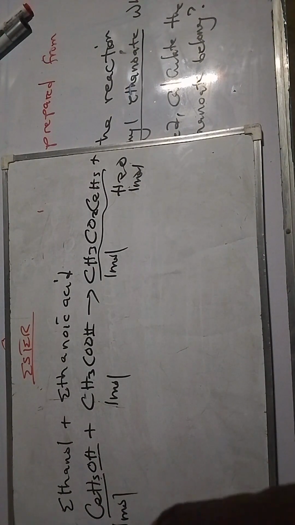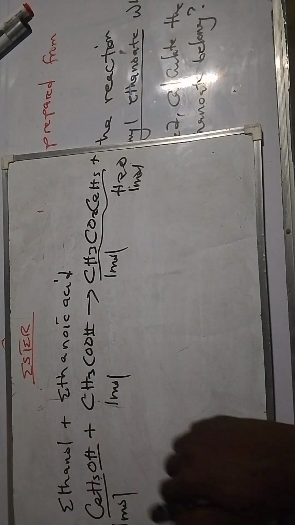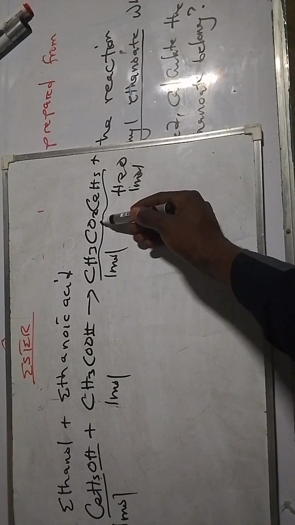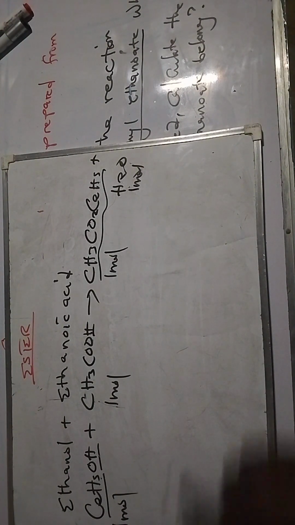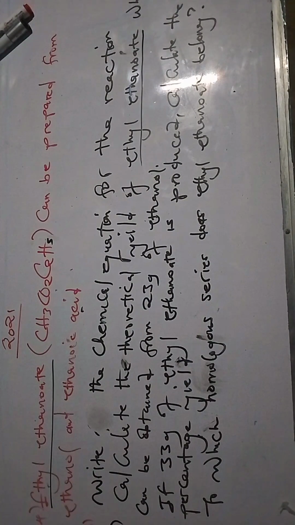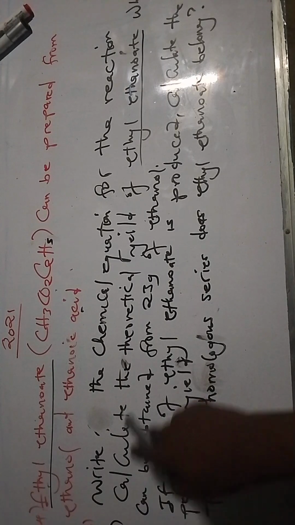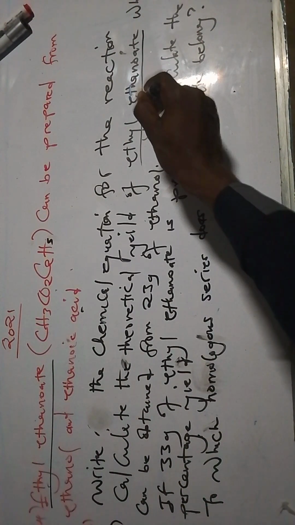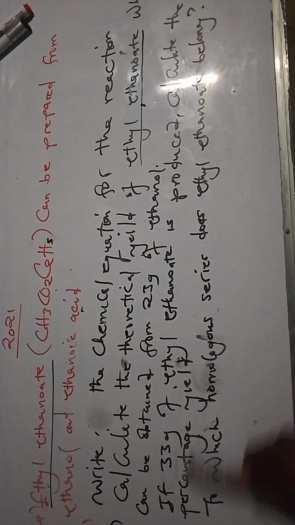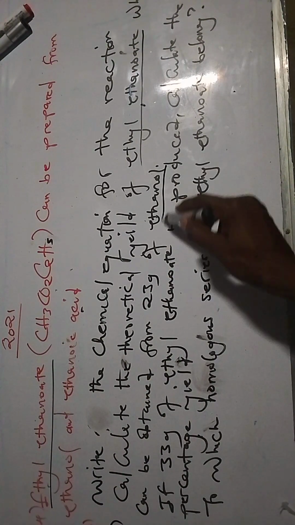Then from the reactant parts, between alcohol and acid, which one are we going to get, so that we can equate this to this one? We don't just guess which one to get. We need to go back to the equation. They are saying, calculate the theoretical yield of ethyl ethanoate which can be obtained from 23 grams of ethanol.